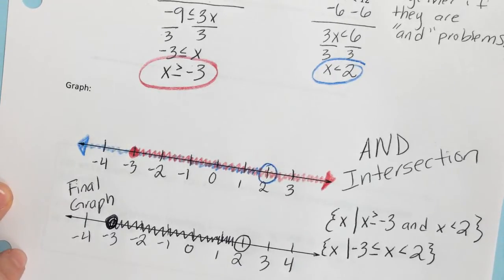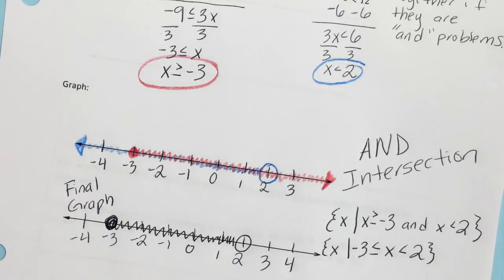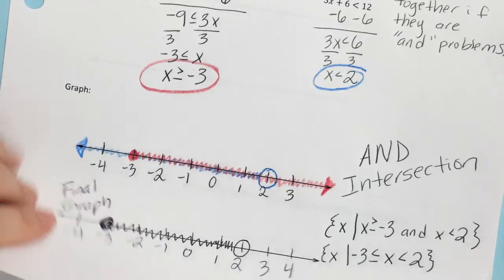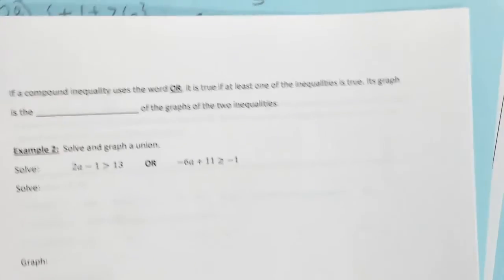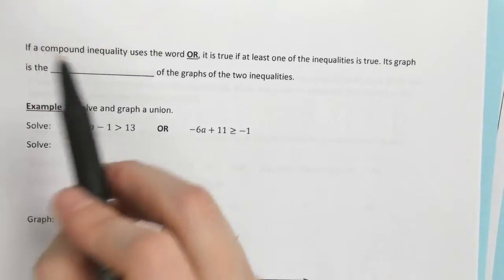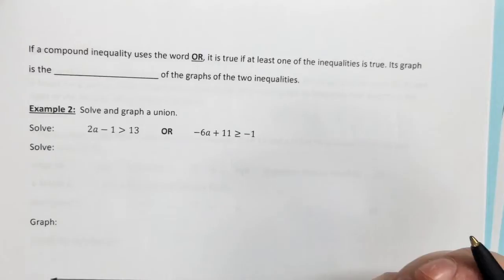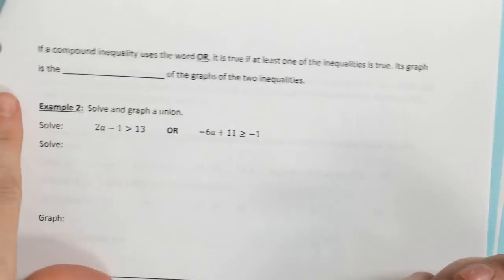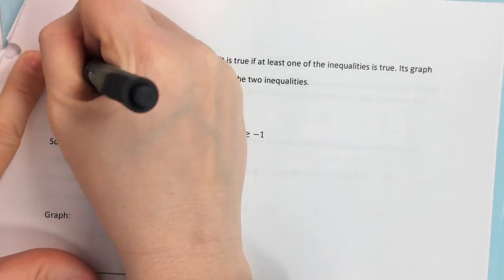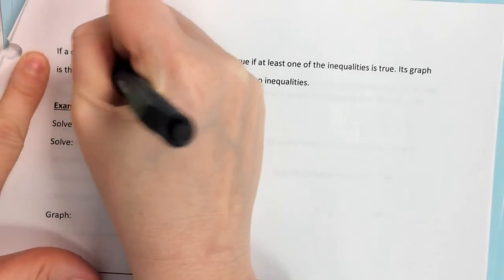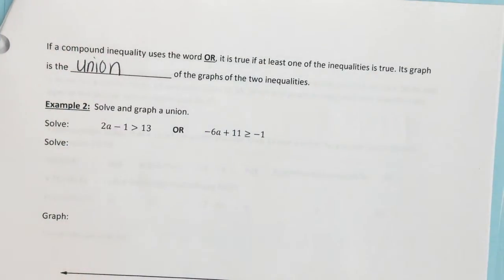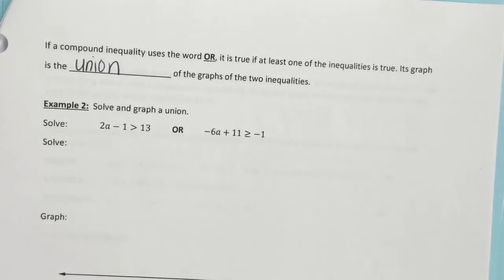Okay, any questions on the AND? Now, or. If a compound inequality uses the word or, it is true if at least one of the inequalities is true. Its graph is the union of the graphs of the two inequalities.